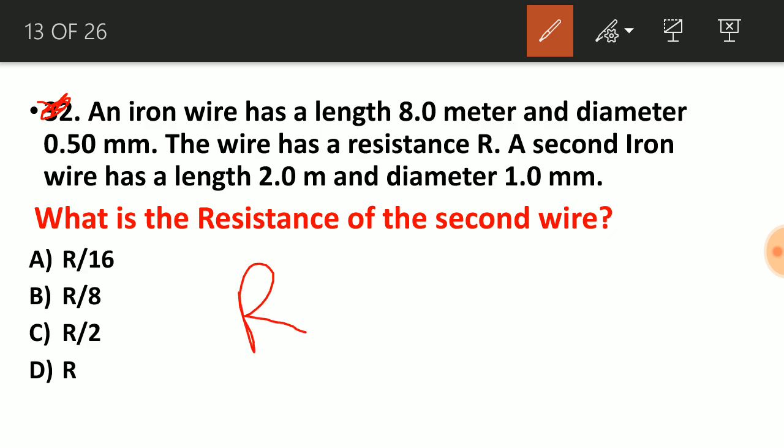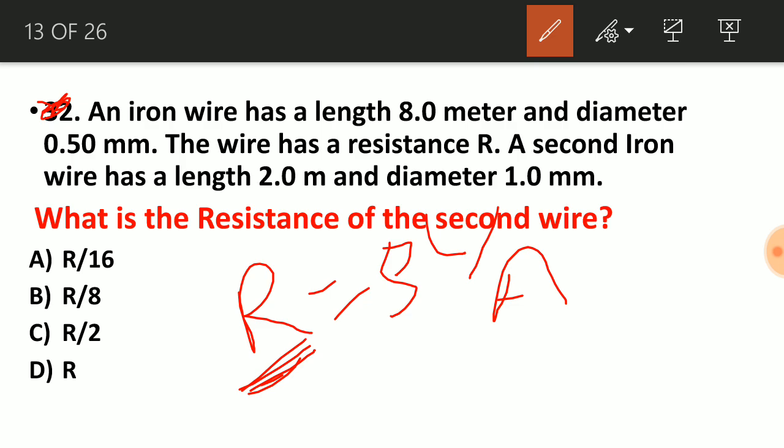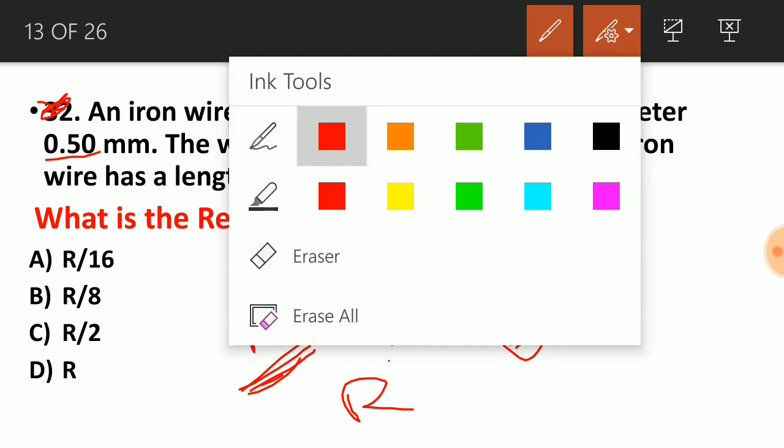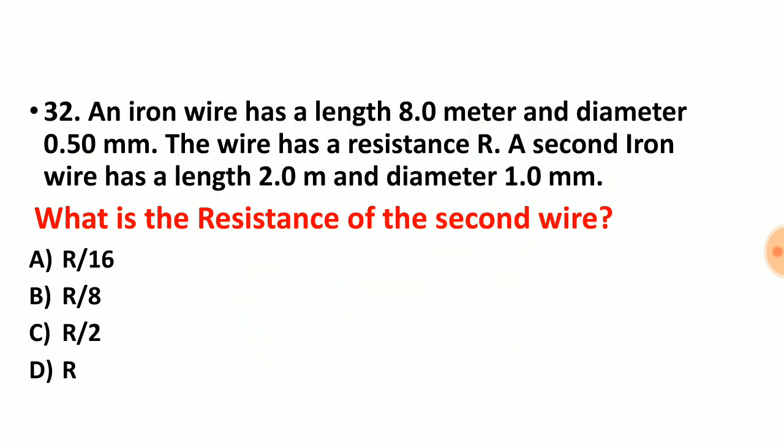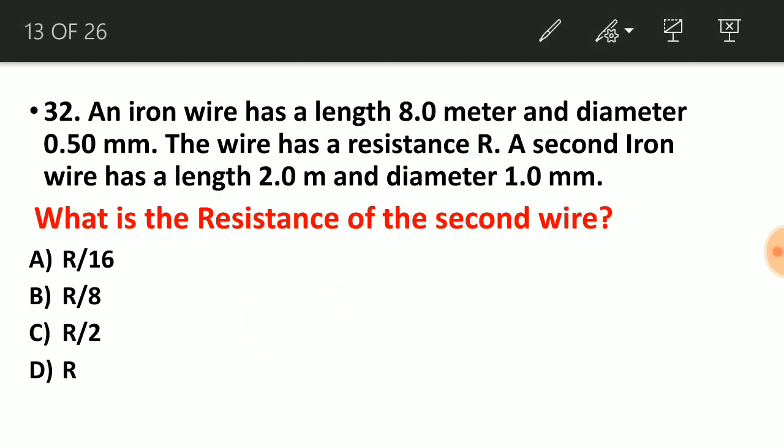Our formula is R is equal to rho L by A. R is the resistance of the first wire. Rho is constant, L is given 8 meter, and using the diameter 0.5 in the area pi d square by 4, we get our R. Now our second resistance will be R dash, and for R dash also we can use the same rho.